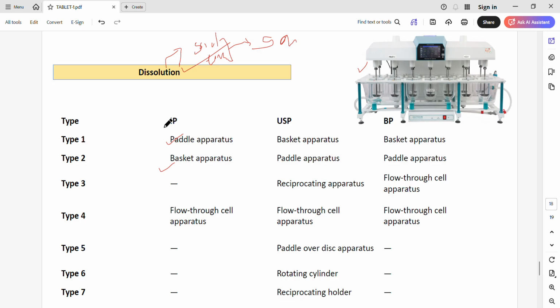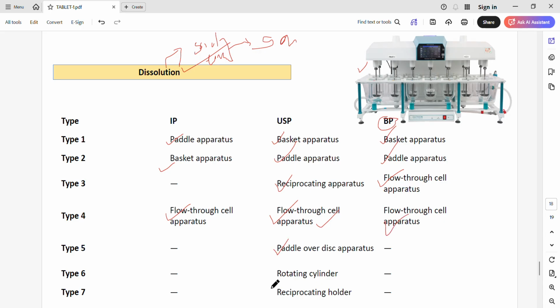Type 1 is paddle and type 2 is basket, but in the USP it is the opposite. For the British Pharmacopoeia it is basket and paddle. Type 3 is the reciprocating apparatus according to the USP, and flow through cell according to the British Pharmacopoeia. Type 4 is the flow through cell apparatus in the Indian Pharmacopoeia, the USP and the British Pharmacopoeia.